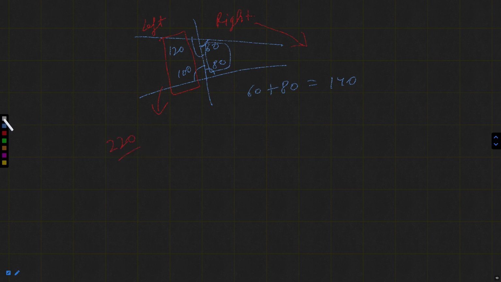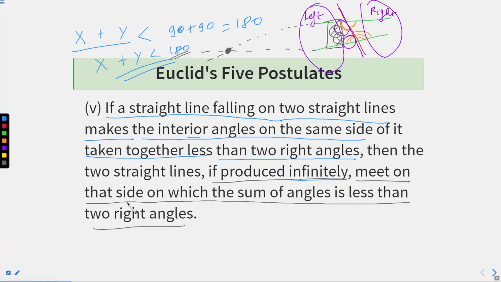So the right side angles sum to less than 180. Then if we extend these lines to the right side, these lines will eventually intersect. I hope from this you get a clear understanding of the fifth postulate.